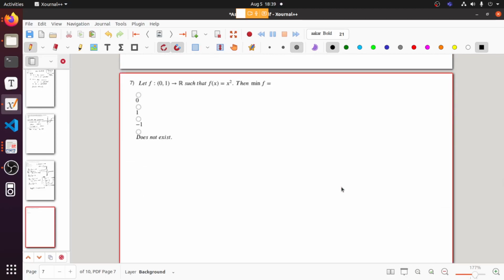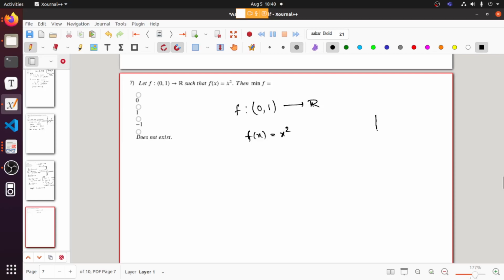What is it saying? f is defined from open 0 1 to R, f of x equals x square. You have to find the minimum of f.